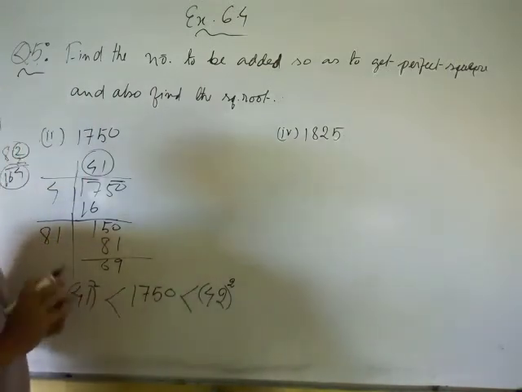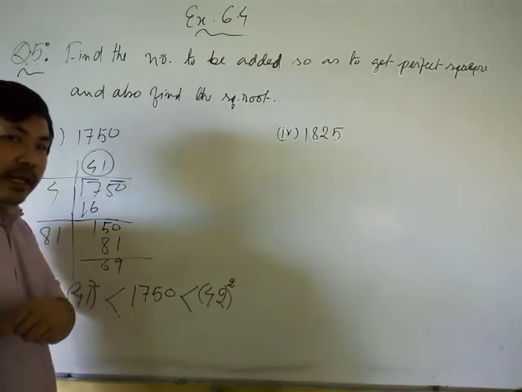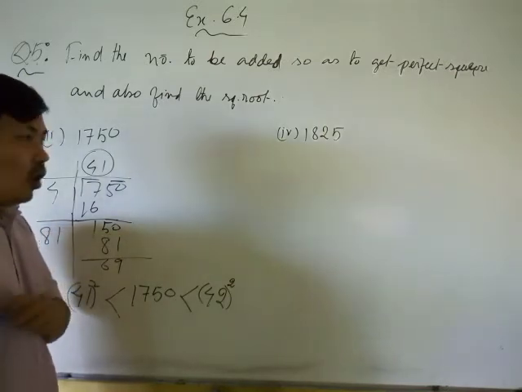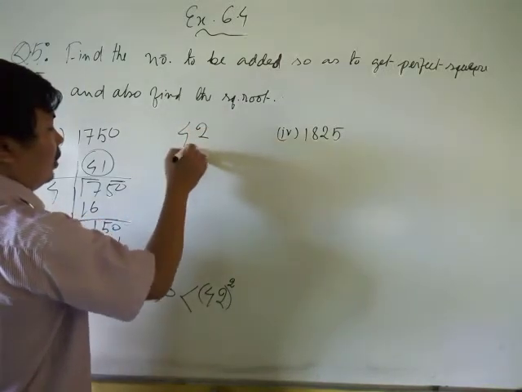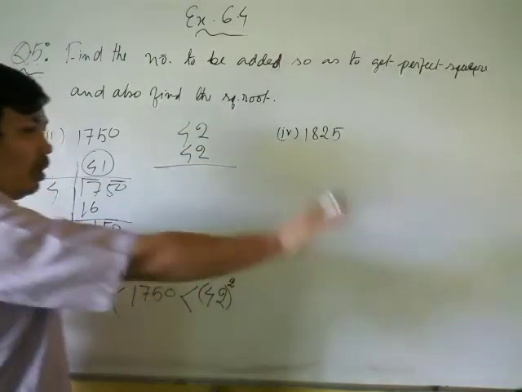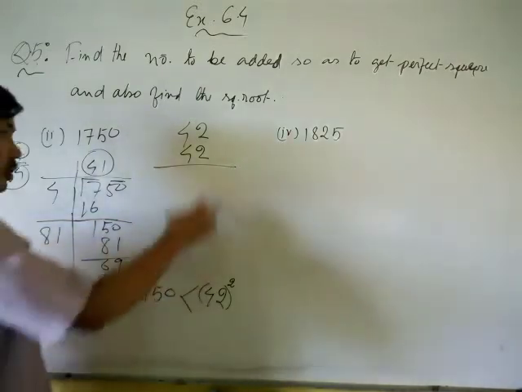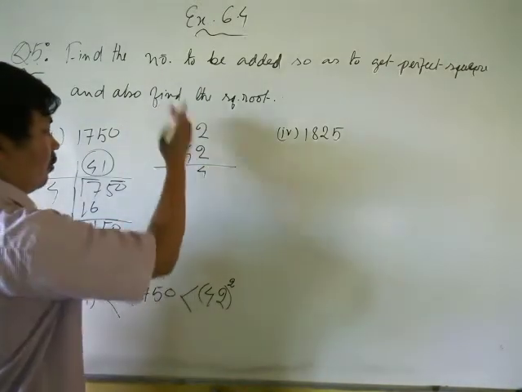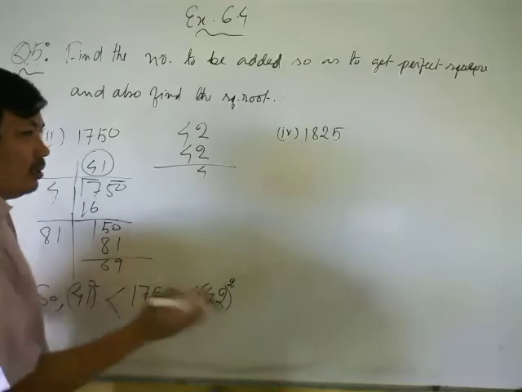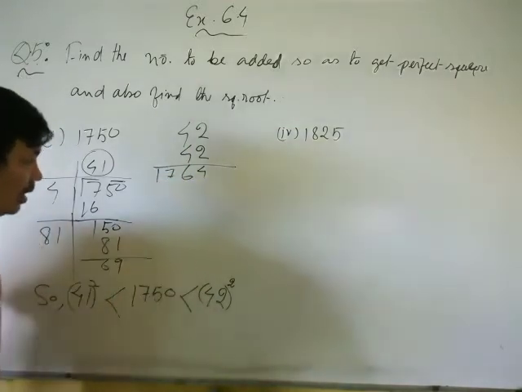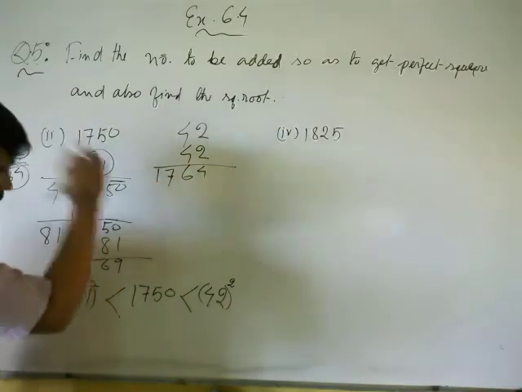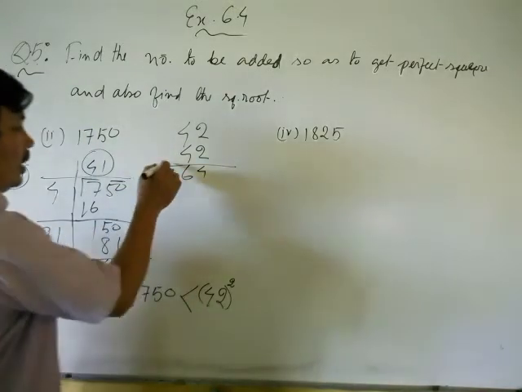How much is 42 squared? You can check the table in your books, or I'll show you. 2 times 4 is 8, 4 times 4 is 16, 4 times 4 is 17. You get 1764.